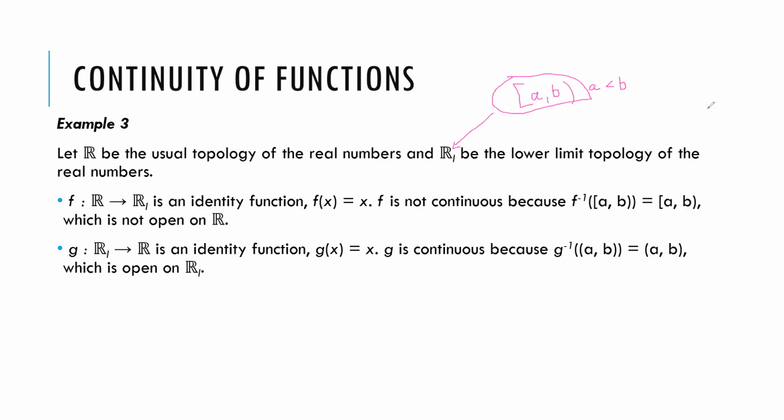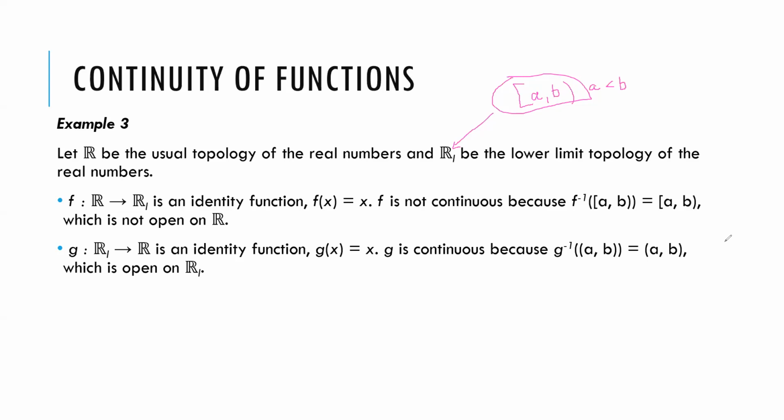However, if we consider the function g, which maps the lower limit topology into the usual topology of the real numbers with the identity function, g would be continuous because every open set (a, b) from the usual topology would also be an open set in the lower limit topology, since it can be made by the union of semi-closed intervals.